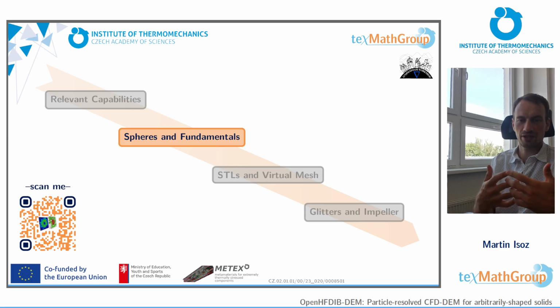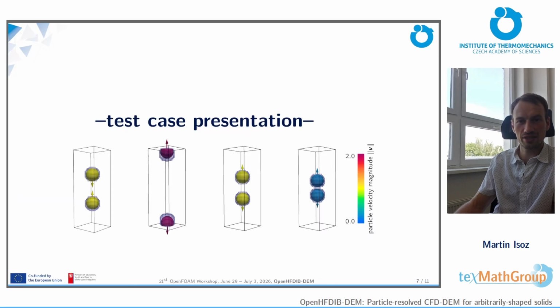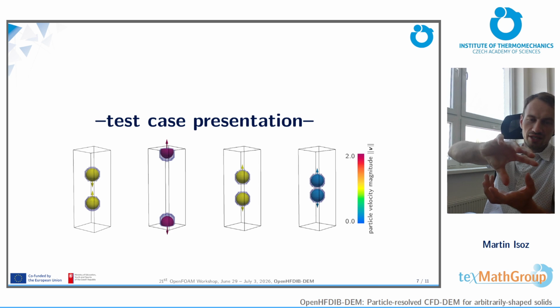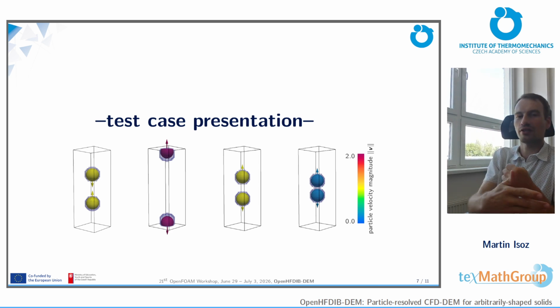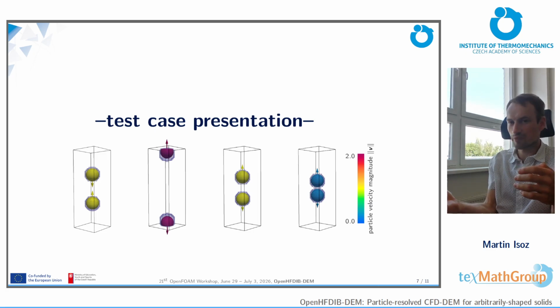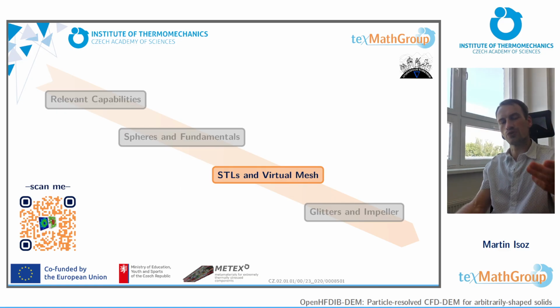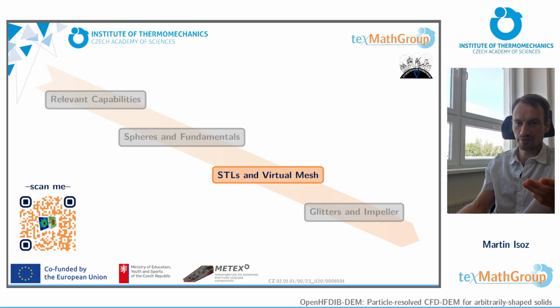And with this, let's go for the tutorials themselves. First, we will take a look at spheres and fundamental settings. We will just take two spheres, let them go against each other, and check the effects of changing some basic DEM settings on the spheres' behavior. Then we will take a look at non-spherical solids, so STL based solids, and we will examine the behavior of our virtual mesh algorithm.